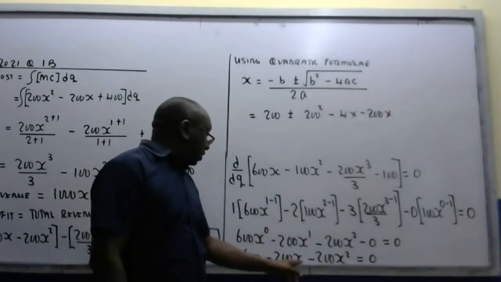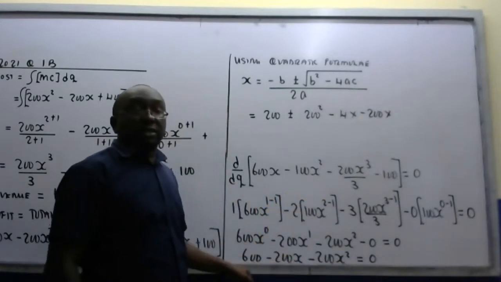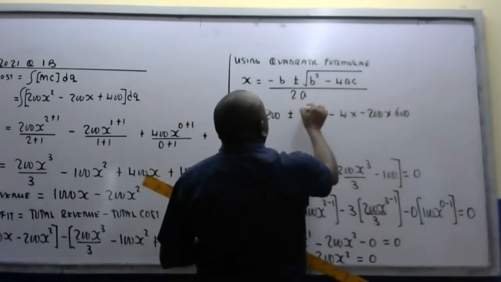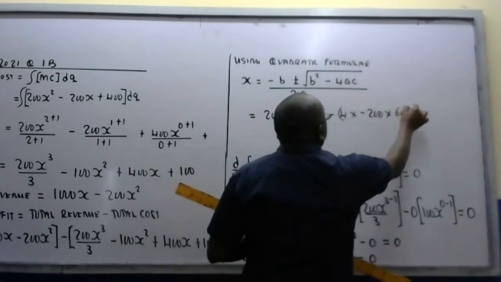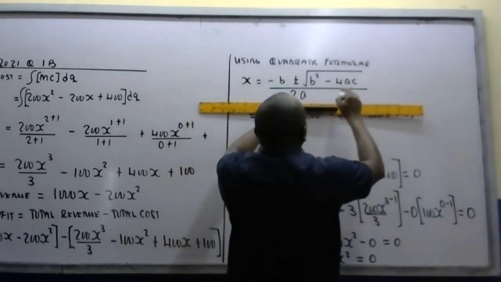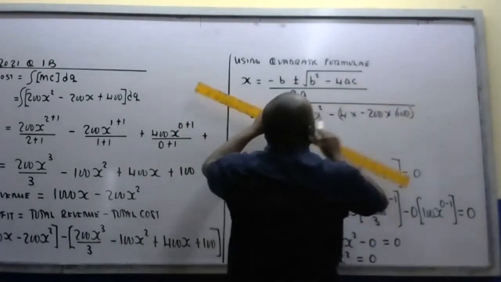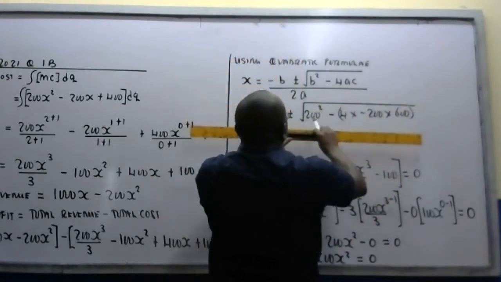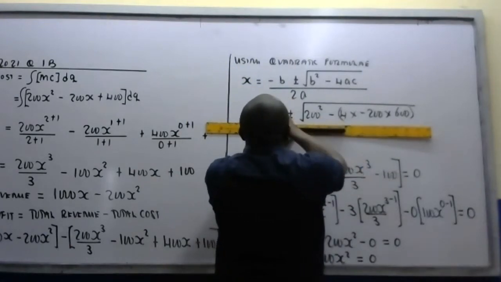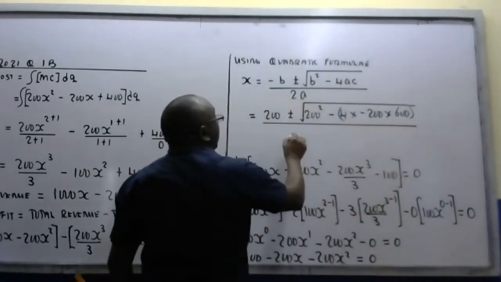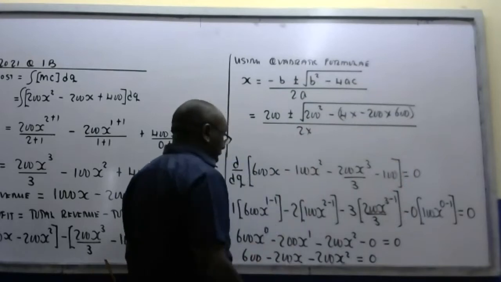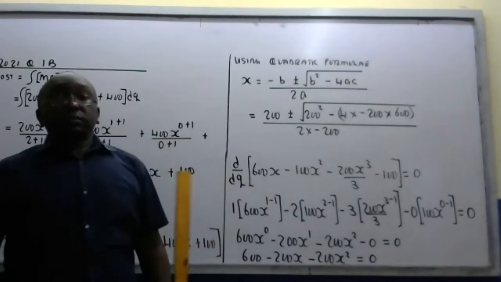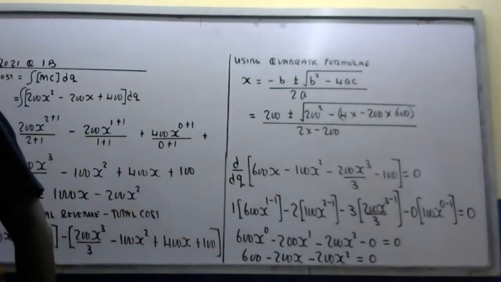C is the one which does not have x, this one, 600. This way. You divide by 2a, 2 times minus 200.